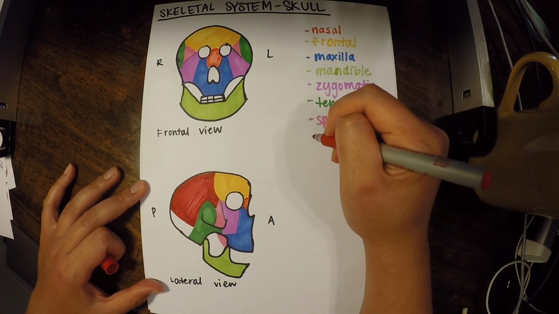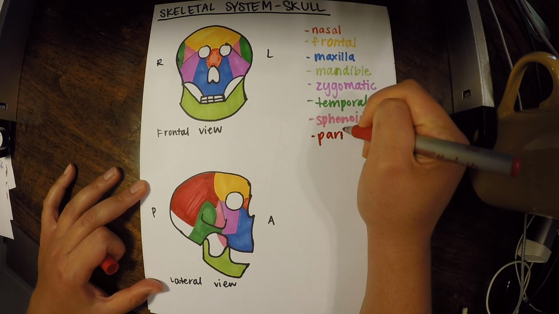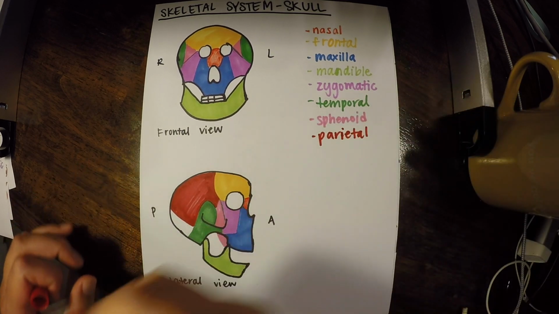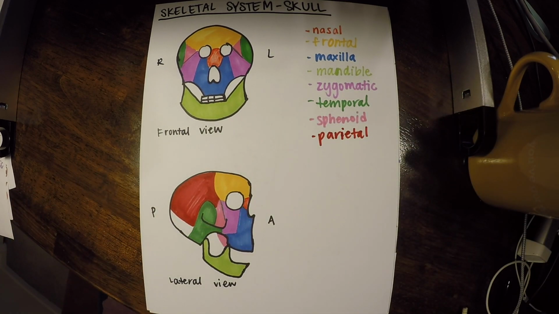That is our parietal. And the last bone we have is the occipital.